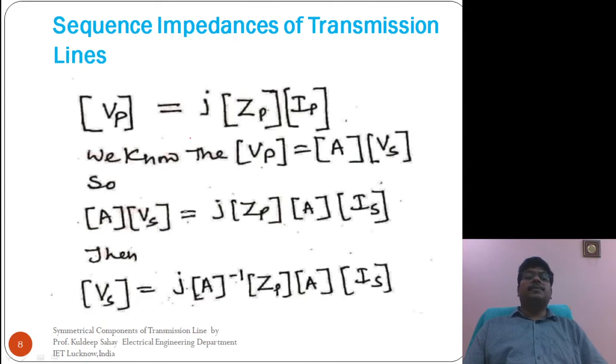Now as we know, this phase vector VP is equal to the product of the transformation matrix and the voltage sequence matrix.